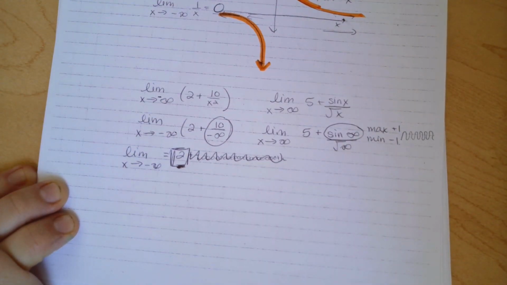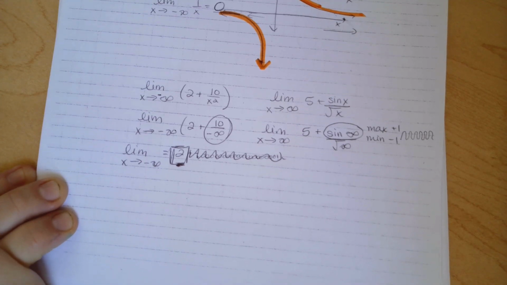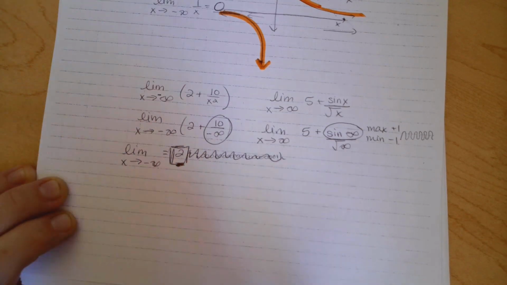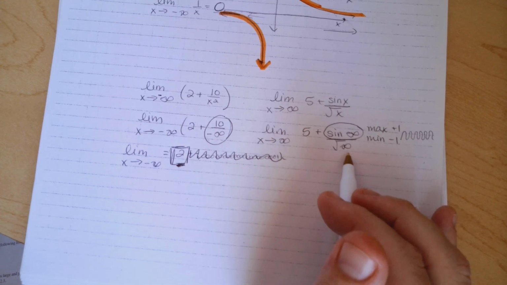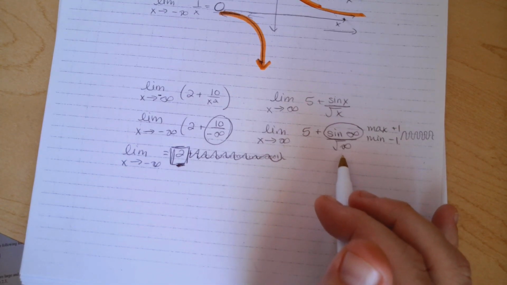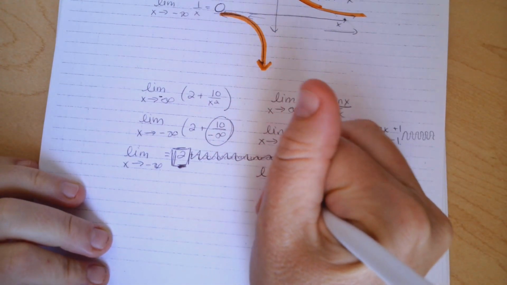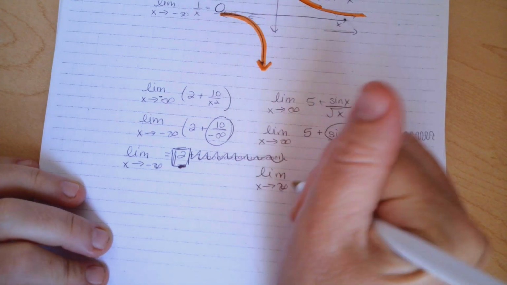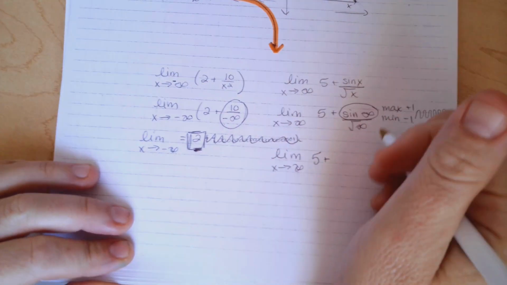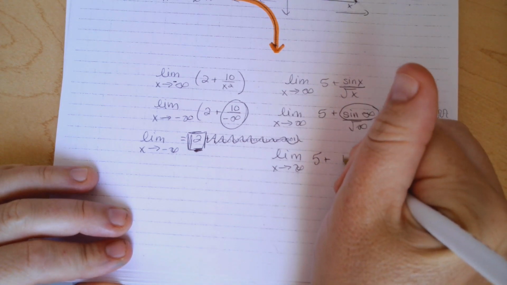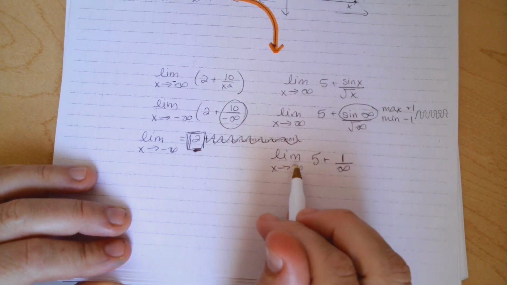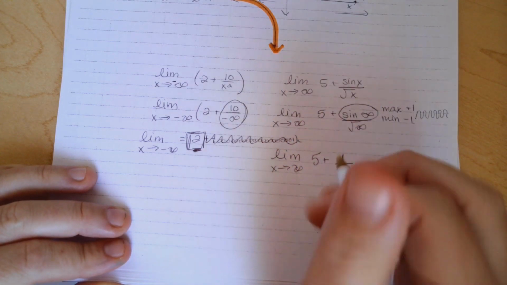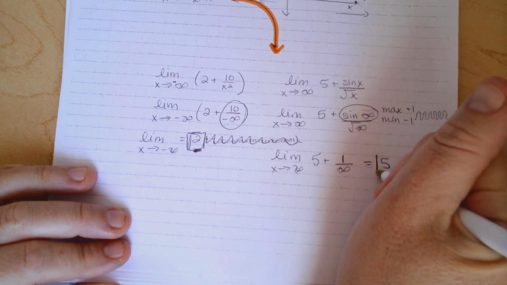So you have a value like 1 or minus 1 or 0 on the top, or something in between. And on the bottom you have the square root of infinity. Guess what the square root of infinity is? It's infinity. So the largest the top can be is 1, over infinity. Again, we're left with 5 plus 0. So this is going to just go towards 5.